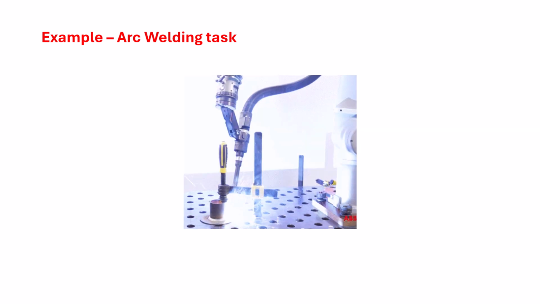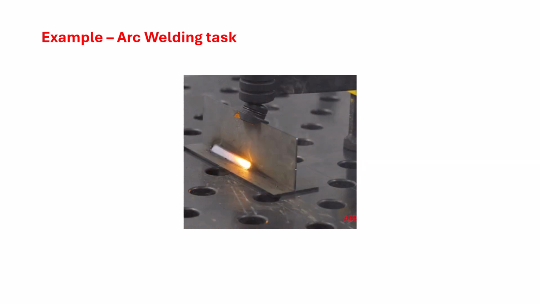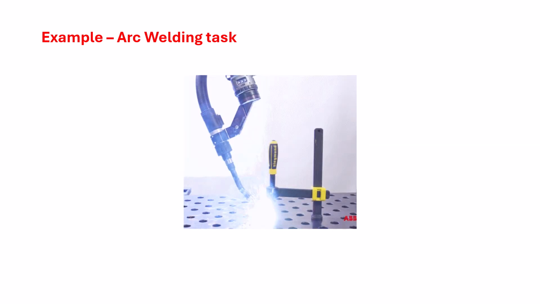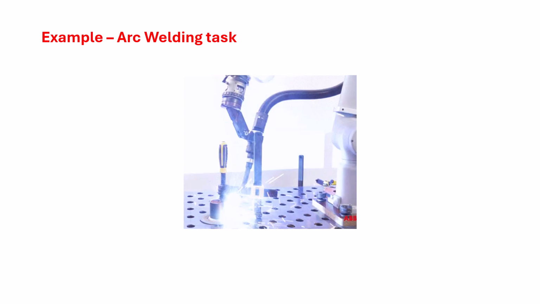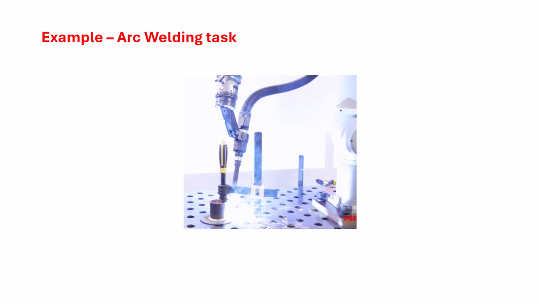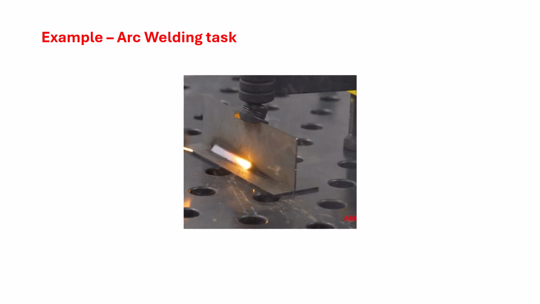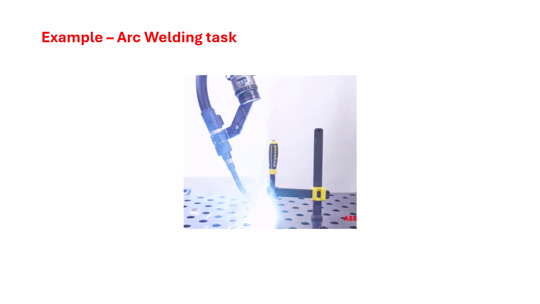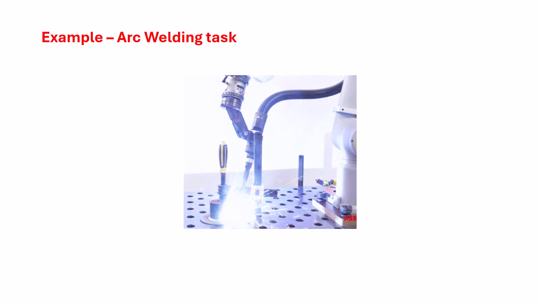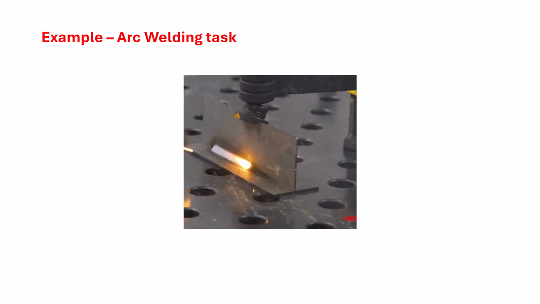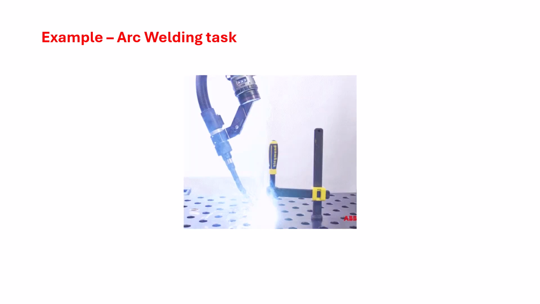Let us consider the task of arc welding. The robot needs to move the tool to follow a predefined trajectory. So the robot arm has to execute motions in order to carry the tool along that particular trajectory. This requires a certain amount of work or energy to be done on the robotic system.